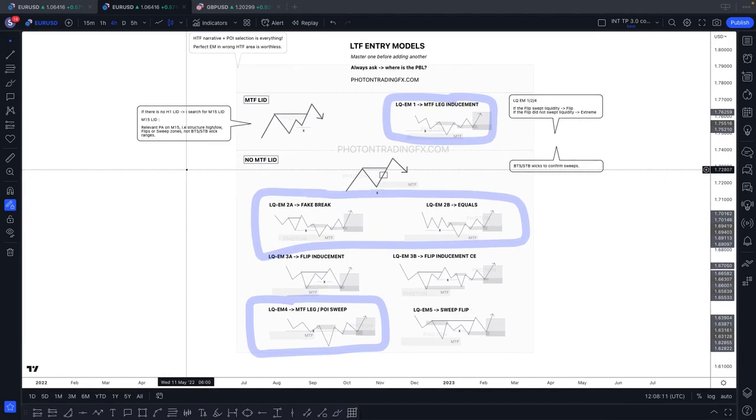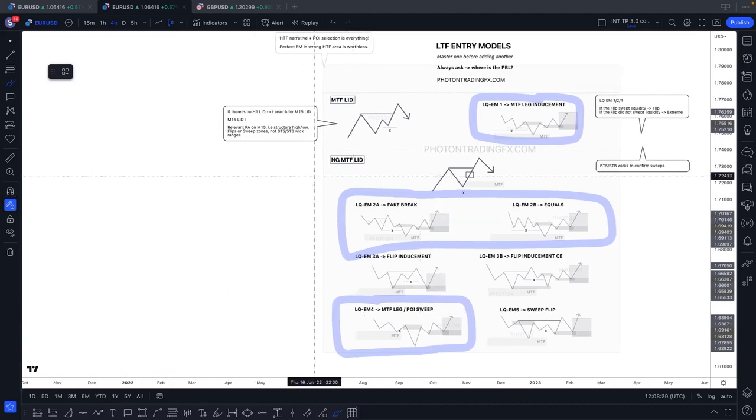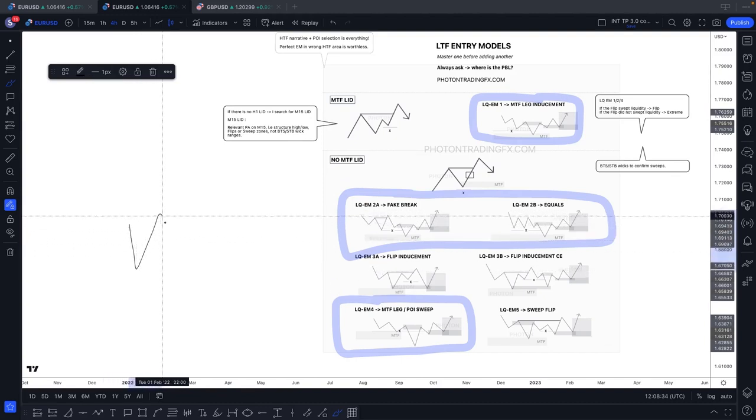So a new variable that I'm using, and I want to explain why, is if there is no H1 lead, I wait and I search for M15 lead as override. What I mean by that, on H1, sometimes imagine a range on H1, and this is a very high probability range.